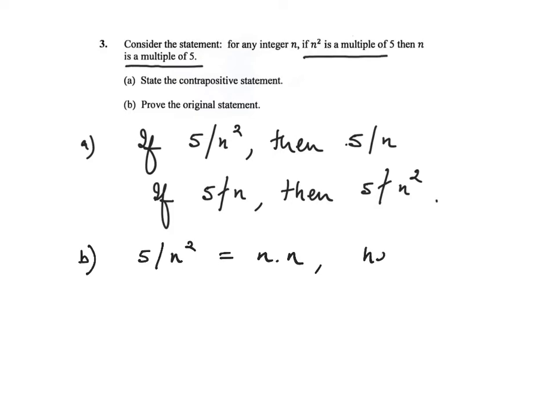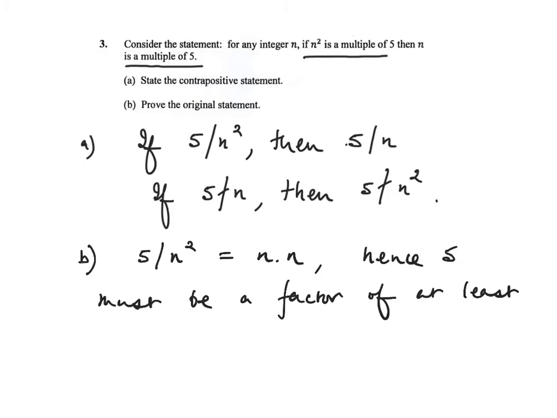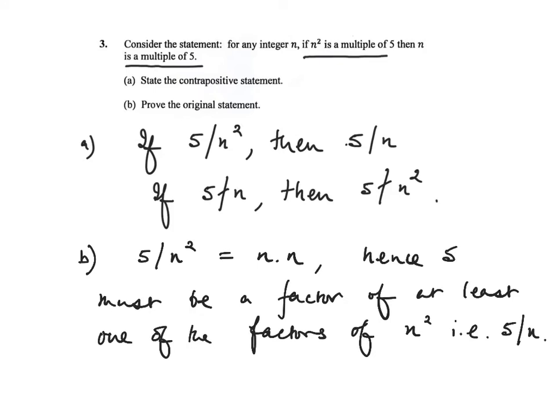So what we can say is that hence 5 must be a factor of at least one of the factors of n squared. Which is to say 5 divides into n.